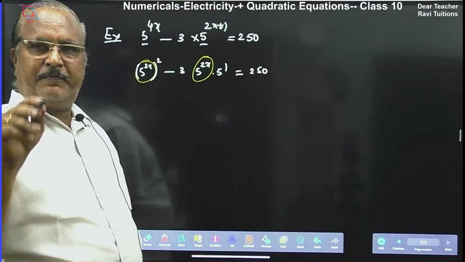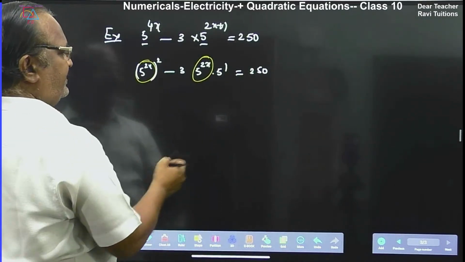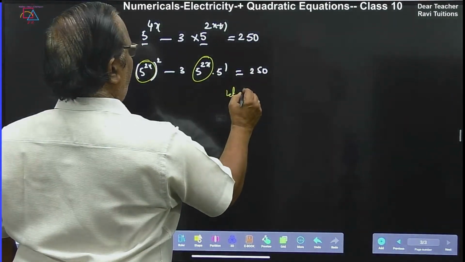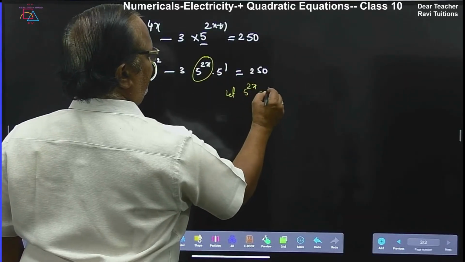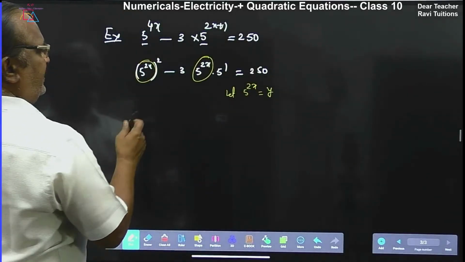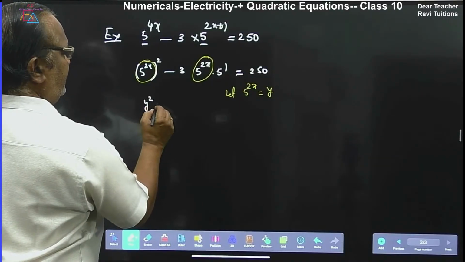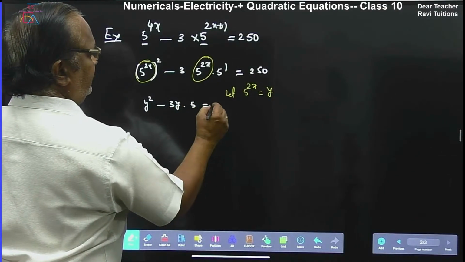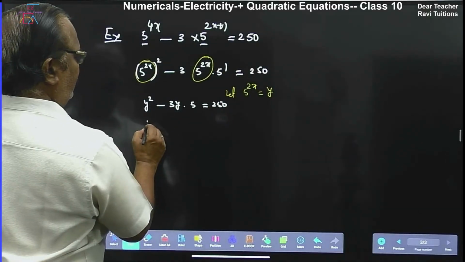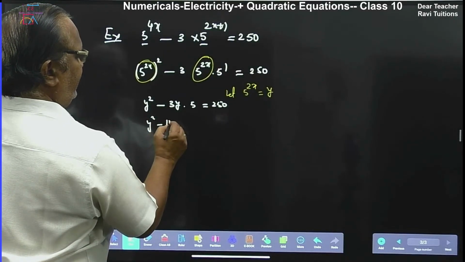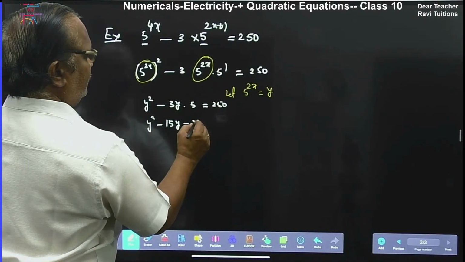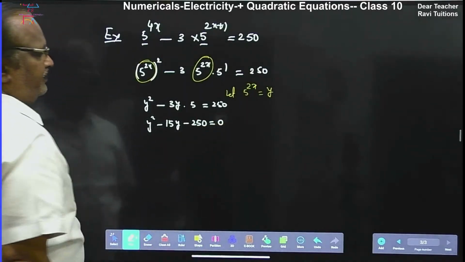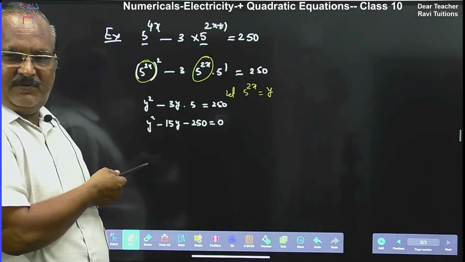You keep one more variable in this place. Let 5 to the power of 2x be equal to y. So then what happened? y squared, 3y into 5 is equal to 250. So y squared plus 15y minus 250 is equal to 0. This is the quadratic form.